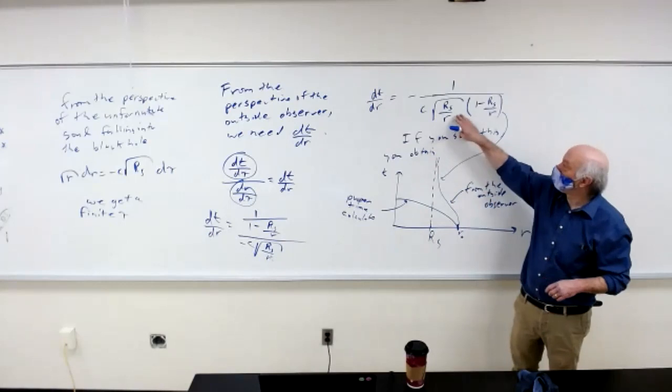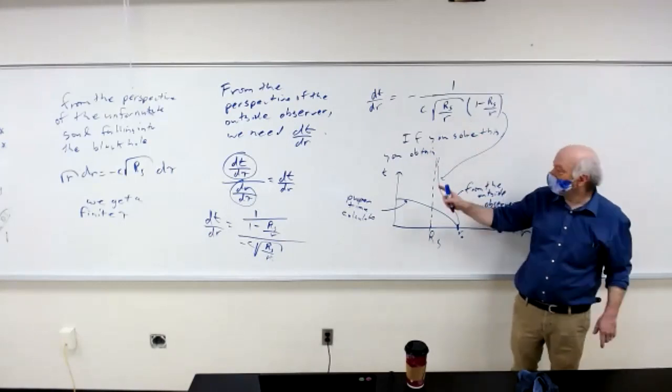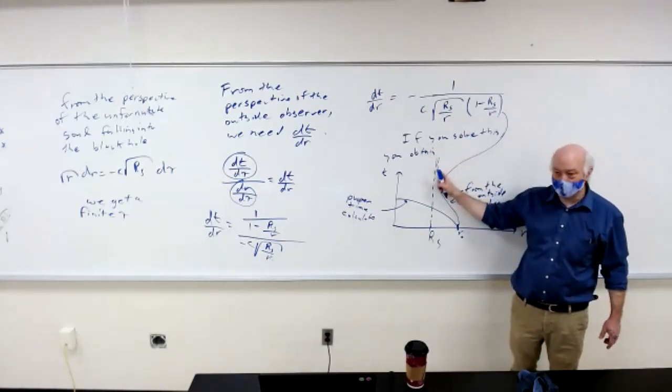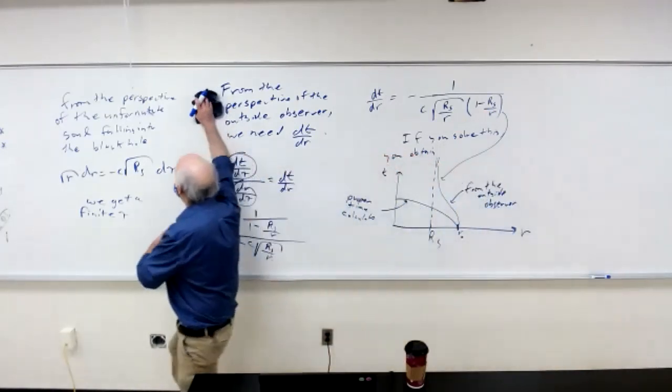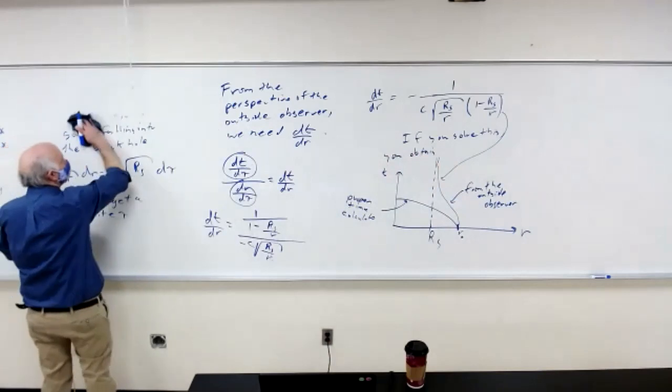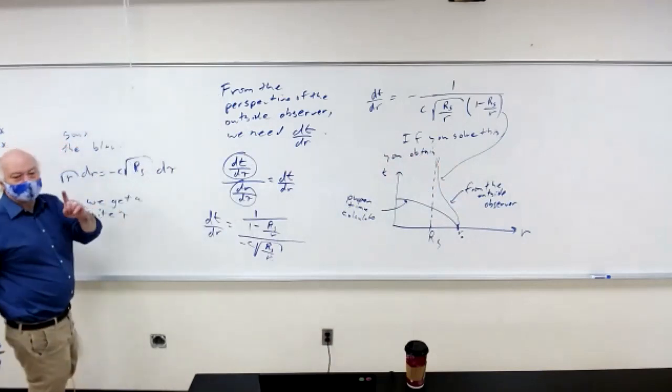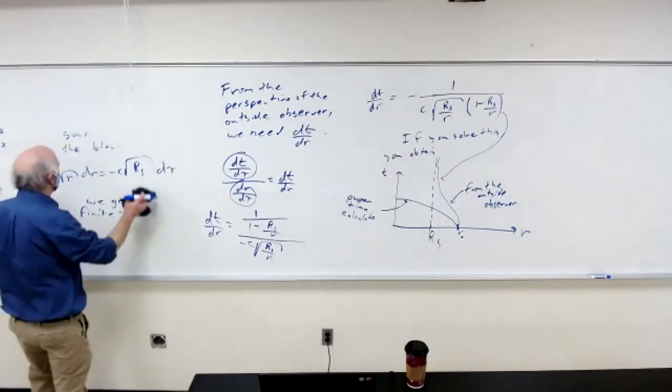So what I want to do is analyze this equation for the case where r is really, really close to the Schwarzschild radius. And there's a trick. You have one substitution, and once you do the substitution, everything comes through brilliantly.